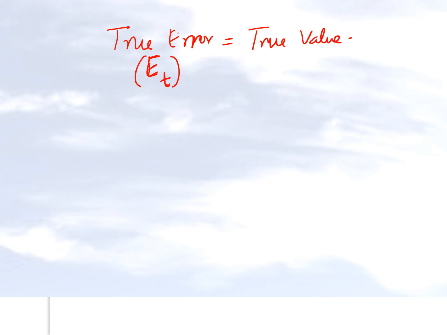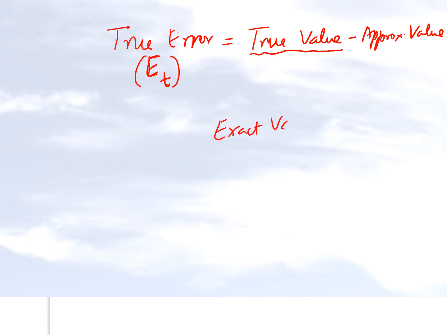So let's see how true error is defined. True error is denoted by the symbol E sub t, uppercase E standing for error and t for true, and it is defined as the true value minus the approximate value. Many times this true value is also called the exact value.